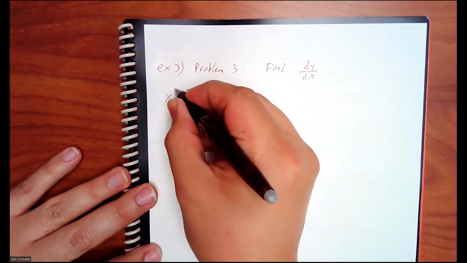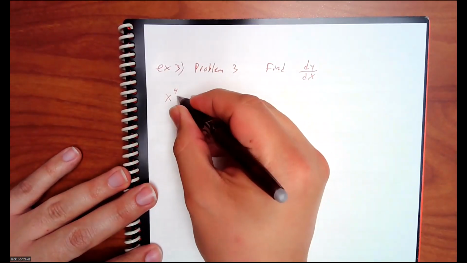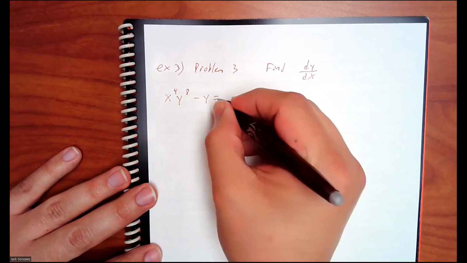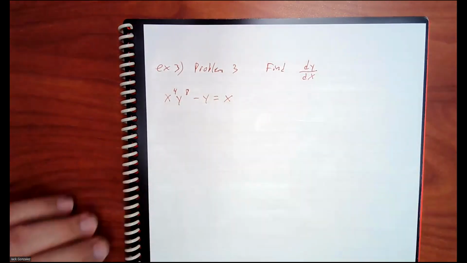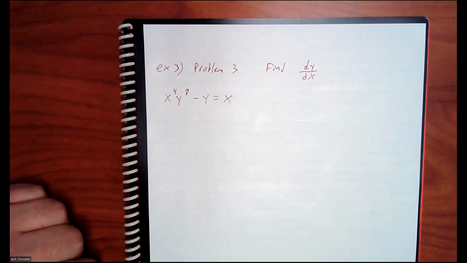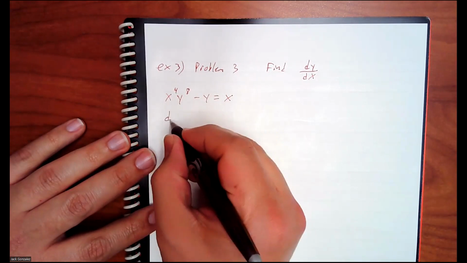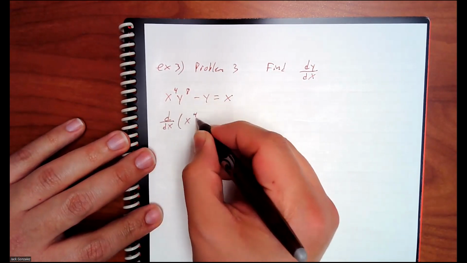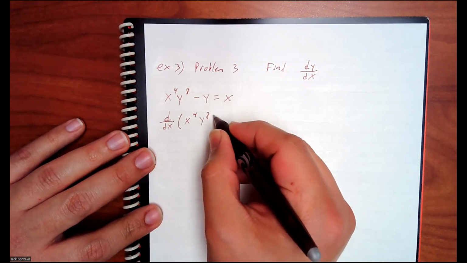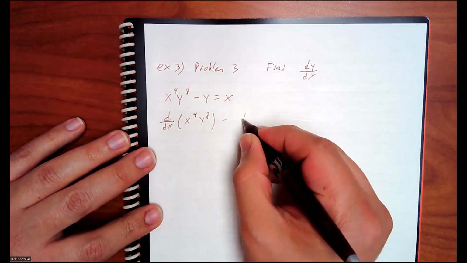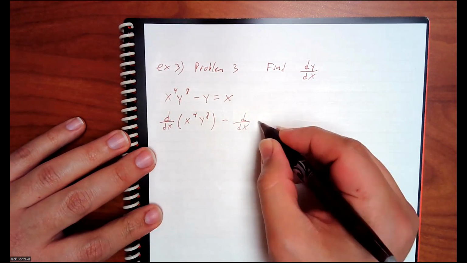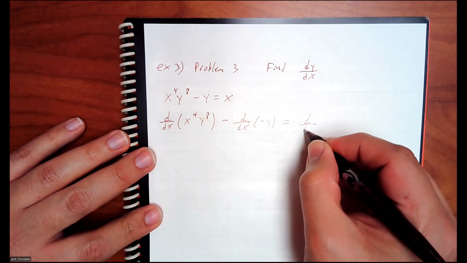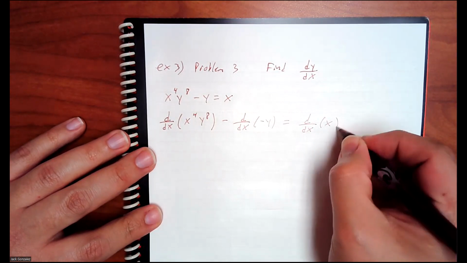So x to the 4th, y to the 8th, minus y equal to x. So d dx of x to the 4, y 8th, minus d dx of negative y equals d dx of x.